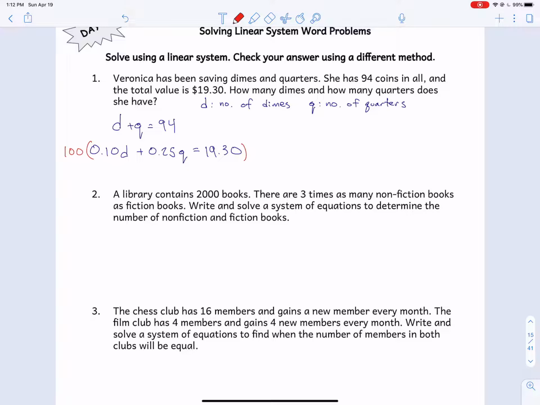Remember, we want to use elimination. The second equation leaves me with 10D and 25Q. Looking at the first equation, both of those coefficients are 1. So what if we multiplied the first equation by negative 10? That would give me negative 10D, and the second equation gives me 10D, and if I add those together, the D variable will be eliminated.